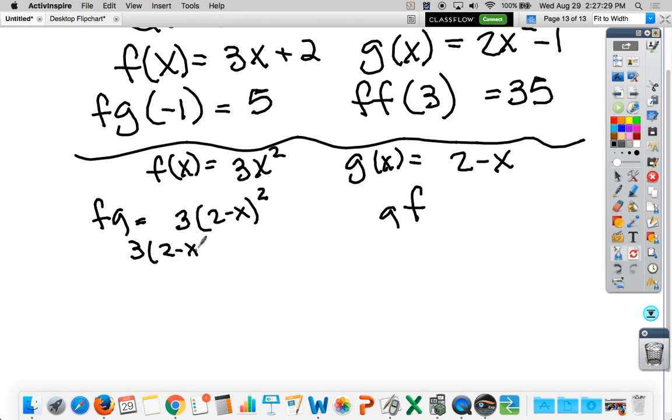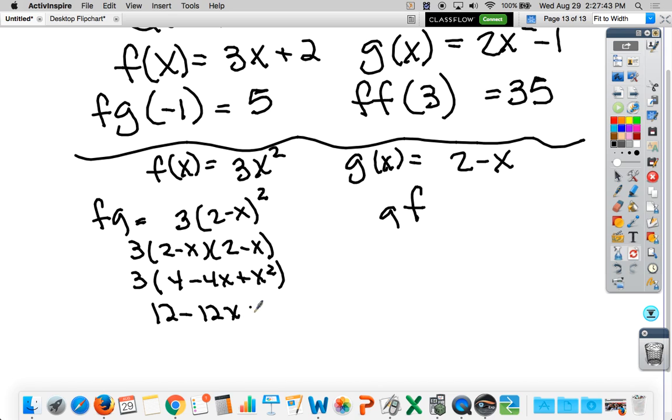You can multiply one of them, you just cannot multiply both. I'm going to just go ahead and FOIL 4 minus 4x plus x squared. That should be what you got, your f of g.